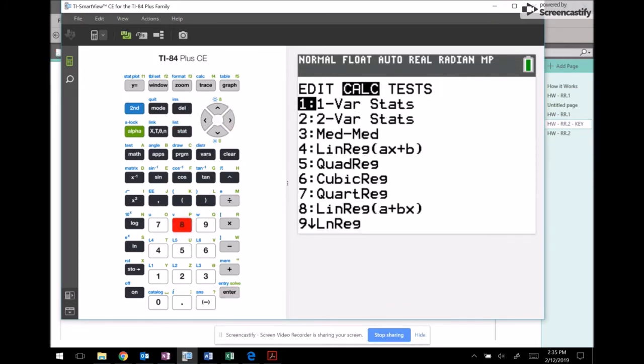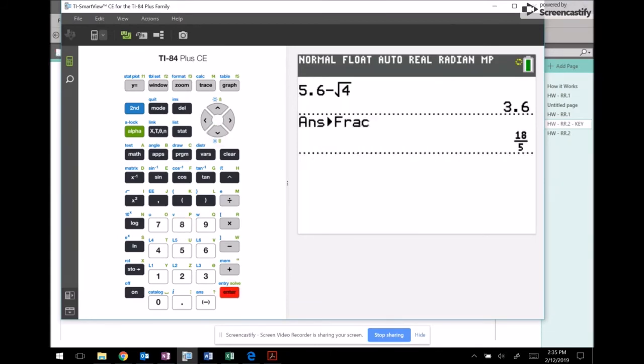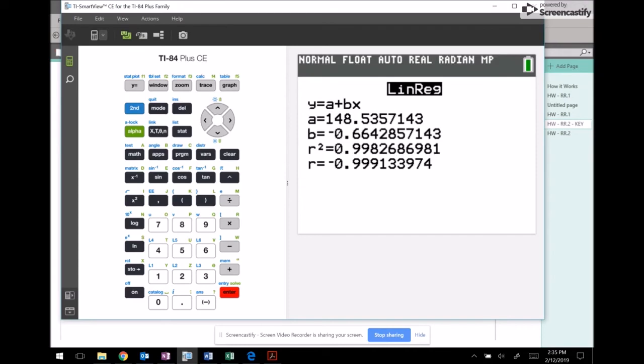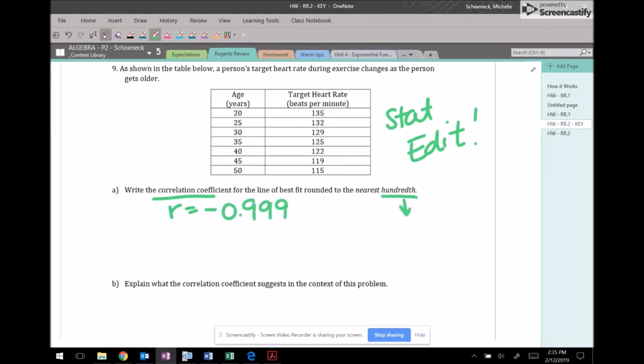Stat calc, and we're doing number 8, linear regression, and calculate. And we're going to get r down at the bottom. r equals negative 0.999. All right. That's a typo here too, because if we were to round it to the nearest hundredth, we would get negative 1.00.